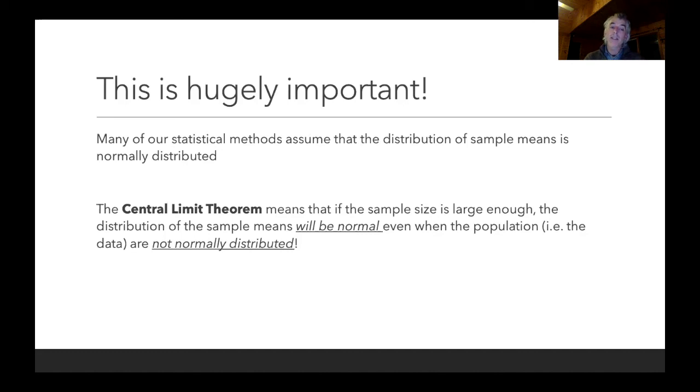And once this is the case, then we can leverage some of the important statistical tools that rely on the probabilities that come from this normal distribution, even if the underlying data themselves are not normally distributed.